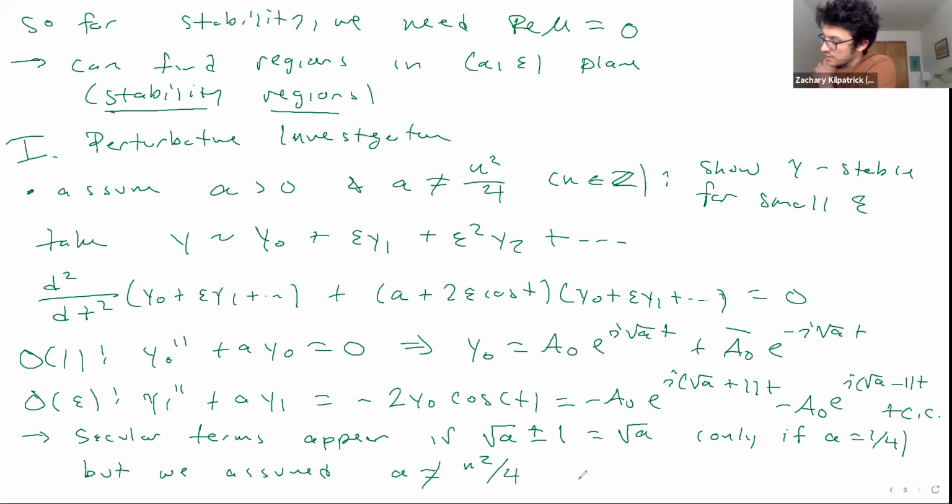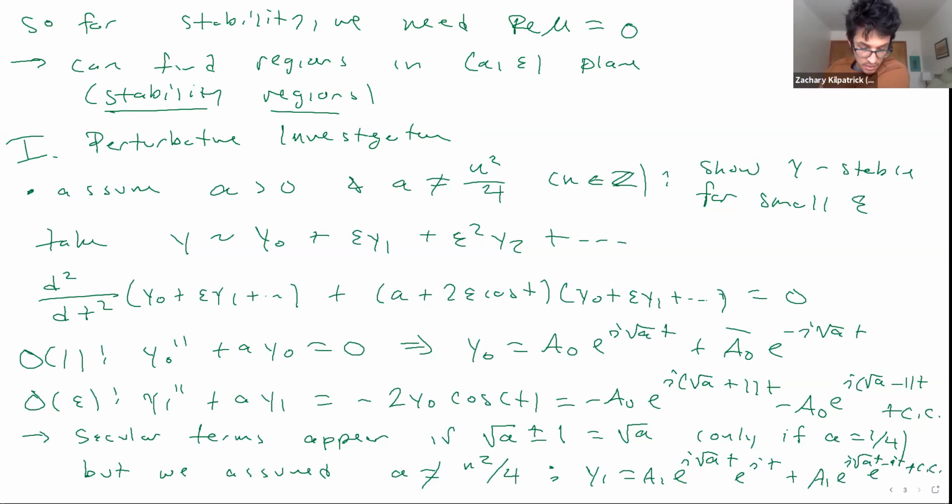So then what we get is that y1 is equal to a1 e to the i square root of a t e to the it plus complex conjugates, and a1 e to the i square root of a t e to the minus it plus the complex conjugates there.